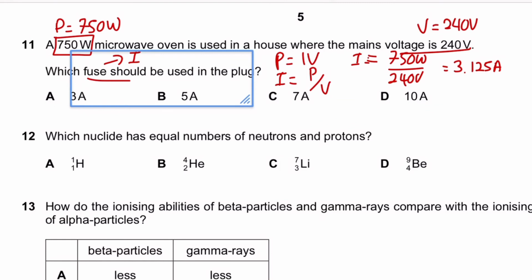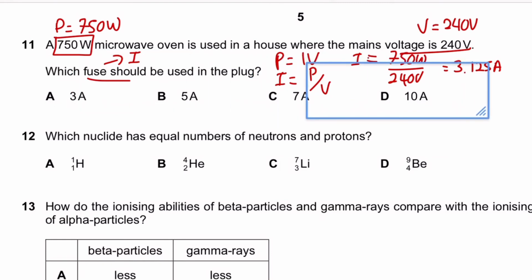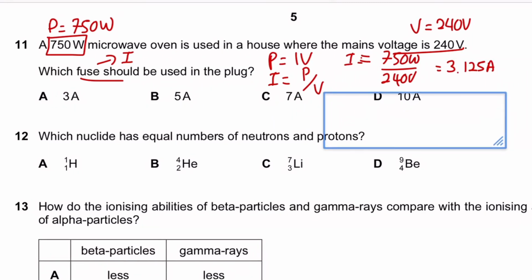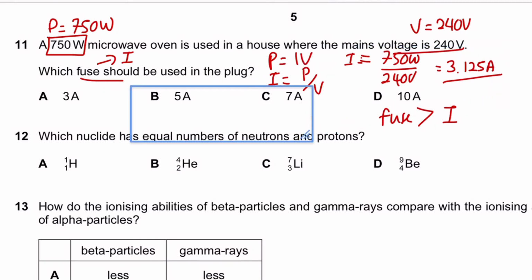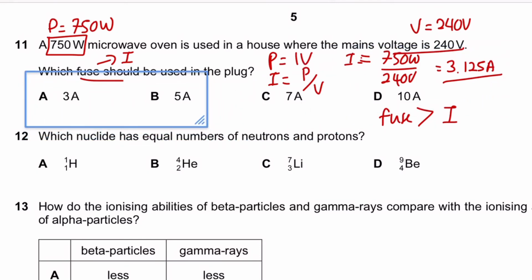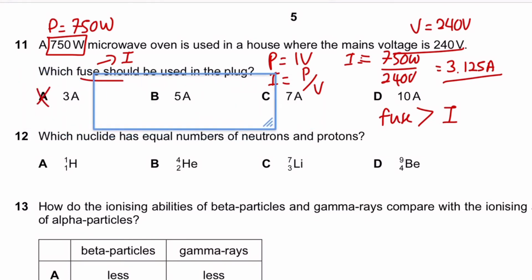And in fuse rating, you will always need to have a fuse rating greater than the current that you obtain, which is 3.125 amps. So in this case, option A is out because it is less than 3.125 amps. Option B is 5 amps, which is greater than 3.125 amps.